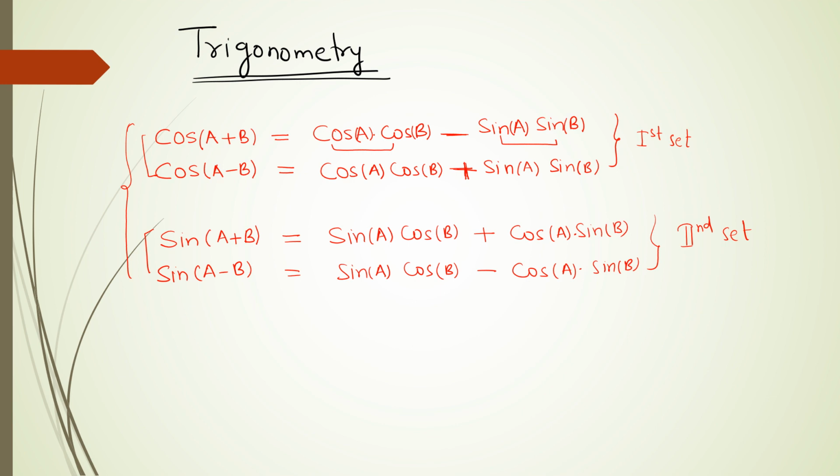So we know cos of A plus B and cos of A minus B here. If it is plus, then here it is minus, and if it is cos, then we will remember that cos cos and sin sin will come together. But if it is a sin term, then here it is sin cos and cos sin.